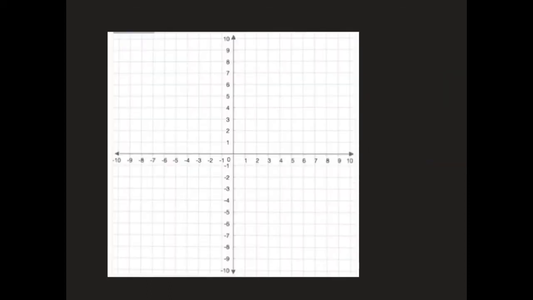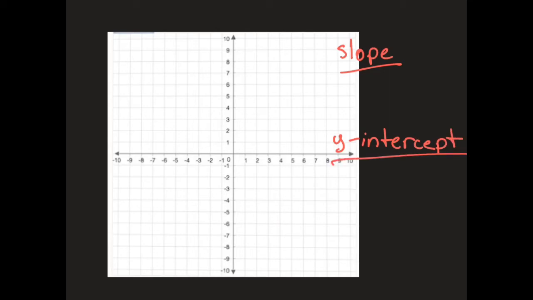I just cut to a nice, lovely little graph here, and we're going to use this graph to learn what the slope of a line is and what the y-intercept of a line is.